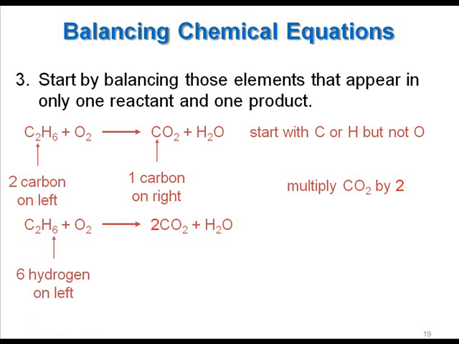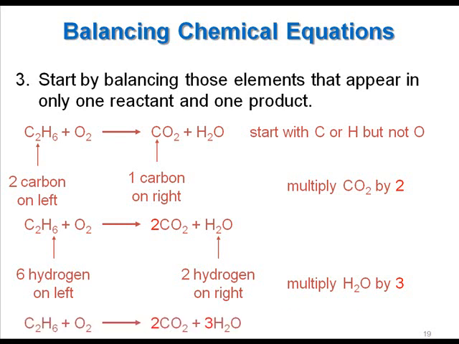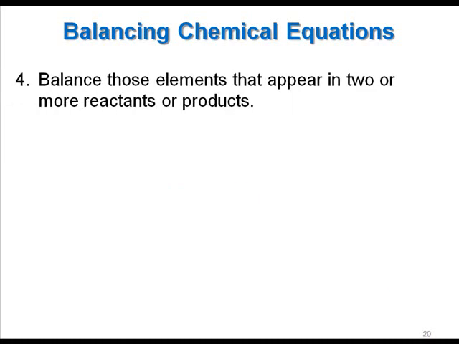Now let's move on to hydrogen. There are 6 hydrogens on the left, 2 on the right. I cannot simply add a total of 6 to the H and create H6O. That molecule doesn't exist. So instead, I need 3 H2O molecules. Now we have to tackle the last one, which is oxygen.